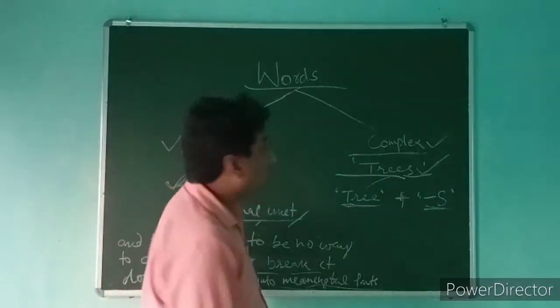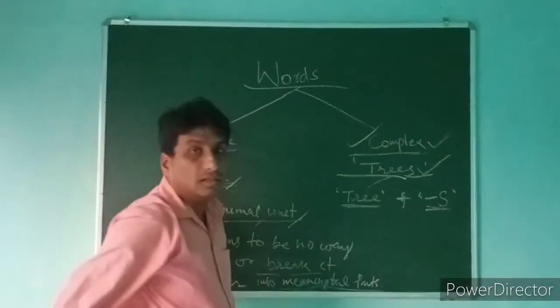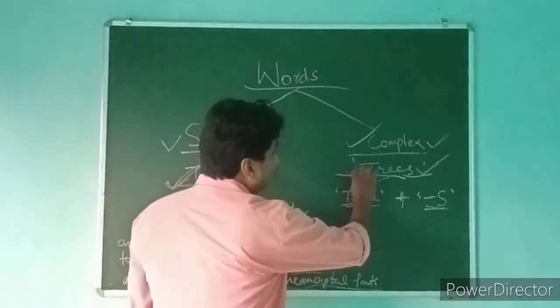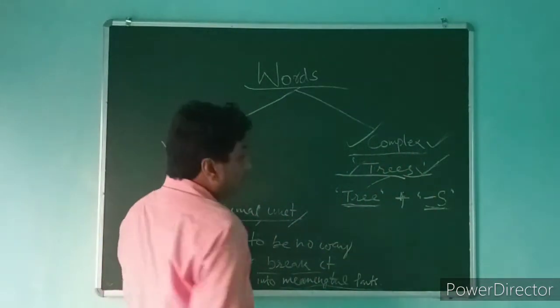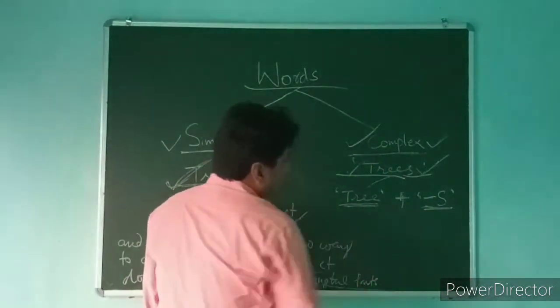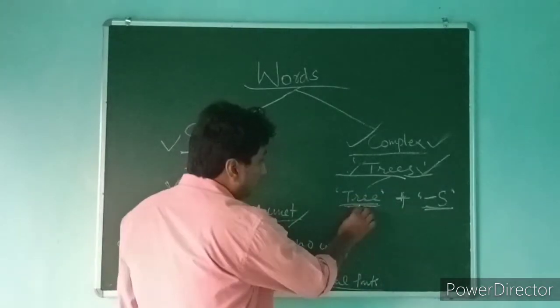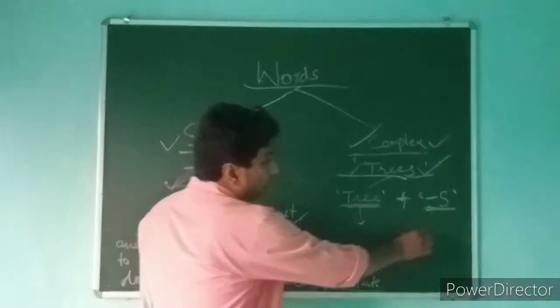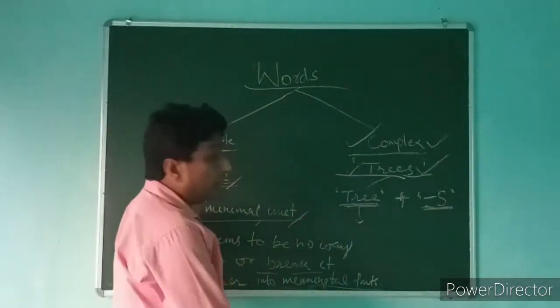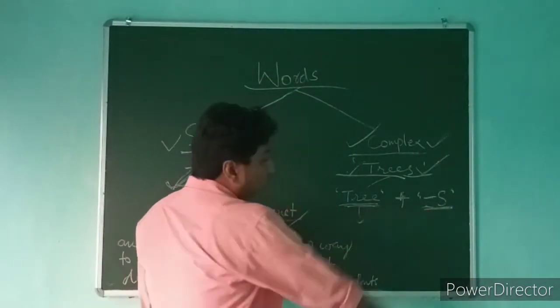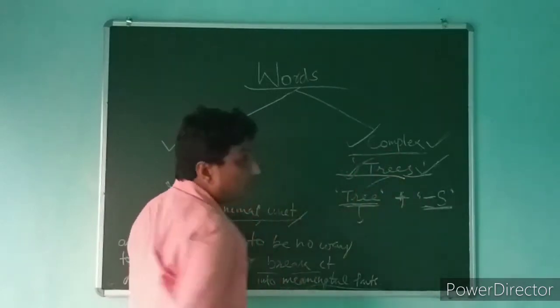On the other hand, in the category of complex words, if we consider the word trees, you can clearly see that it is made up of at least two units. The first unit is tree and the second unit is the plural ending s. So when we combine these two, it becomes trees.